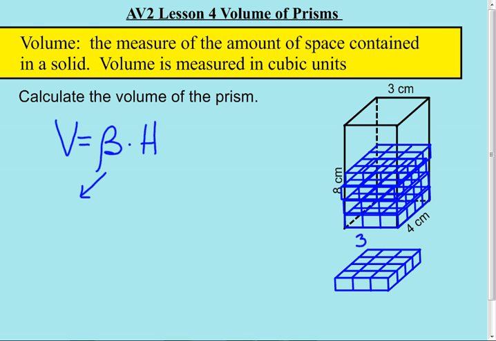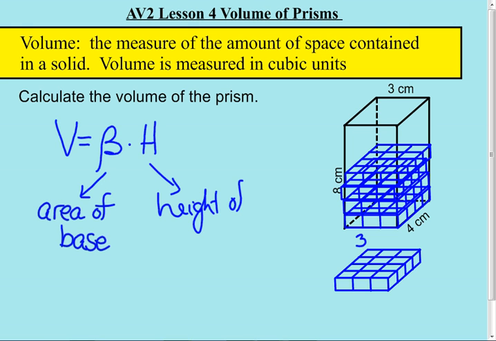This is the area of the base, because the base might not be a rectangle. Those of you who want to do length, width, height, which is what I did, that's because it's a rectangular prism. And this is the height of the prism. Now, I use a little h for the height of triangles or parallelograms.